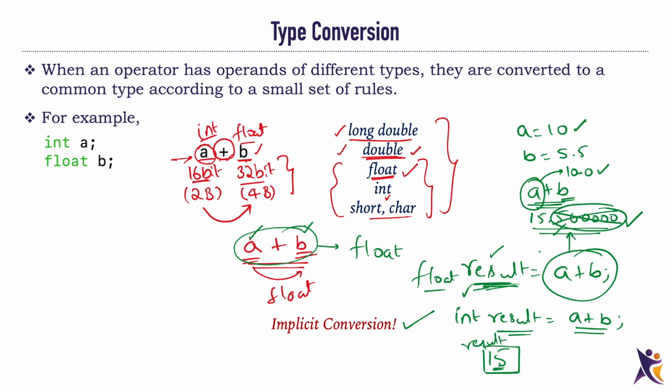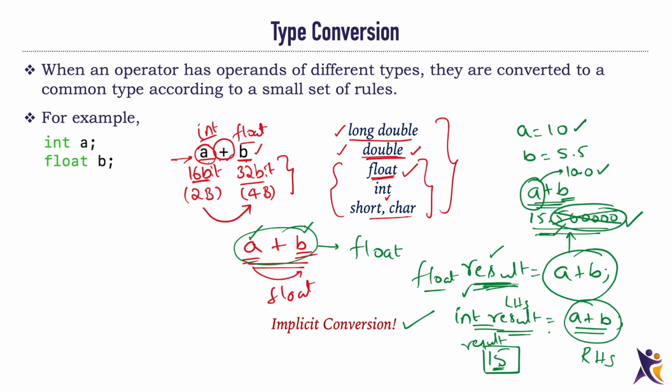So this is my result variable, and 15 will be stored in the memory by dropping all the digits after the decimal point, right? What happened here is, you are converting a floating point number which is on the RHS to an integer value which is on the left hand side, right? So this is also an implicit conversion which is done by the compiler itself.